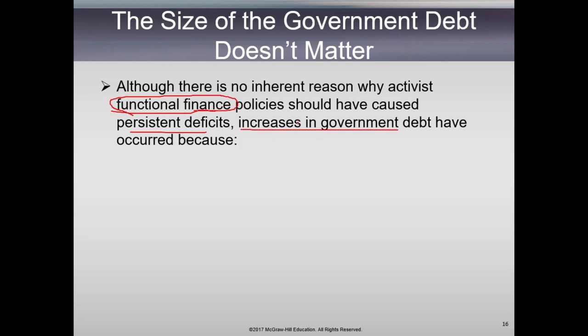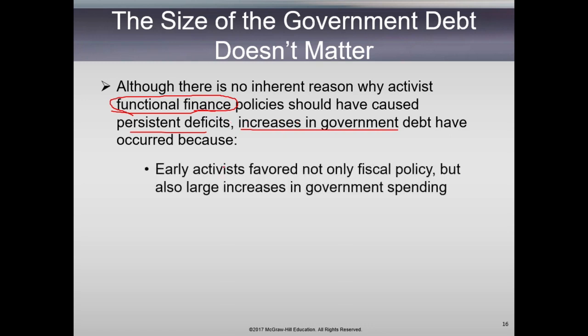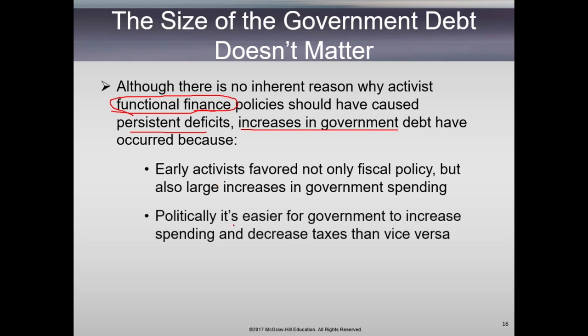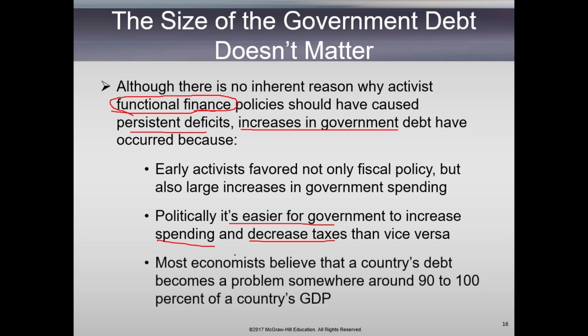Okay, so there's no reason why a functional finance point of view would have to lead to a large debt to GDP ratio, but the fact of the matter is that we do have a large debt to GDP ratio. Okay. So politically, it's easier for the government to raise spending and cut taxes than it is to raise taxes and cut spending. And so over time, we've seen consistently larger budget deficits and a growing debt to GDP ratio.